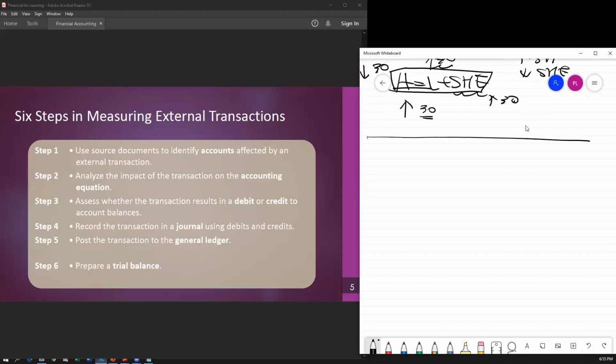Now, if you don't know accounting, if you're just a person in the world, whenever you report an income, whenever you report an increase, you're just going to use a plus sign. And then whenever you report spending, expenses, or giving money, you're going to use a negative, minus sign, okay?